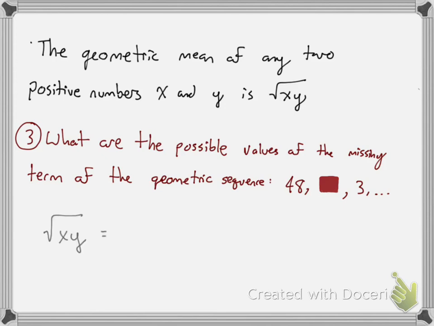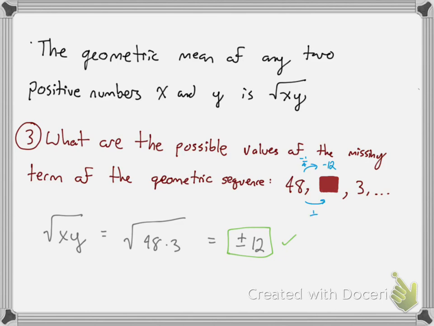So what I'll do here is I'm going to take the square root of 48 times 3, which would give me the square root of 144, which could give me positive or negative 12. Now both of these could work as an answer because let's say that my common ratio is negative 1/4. If it's negative 1/4, I would get negative 12.